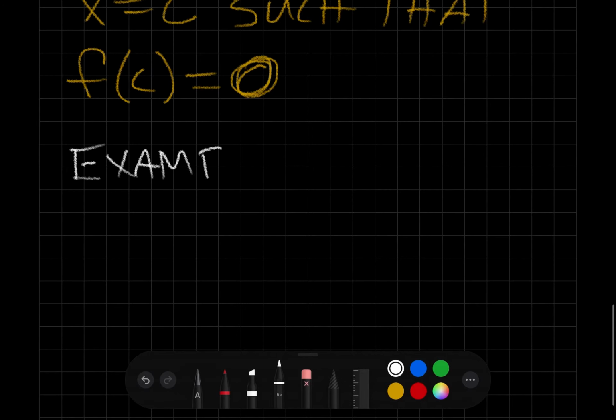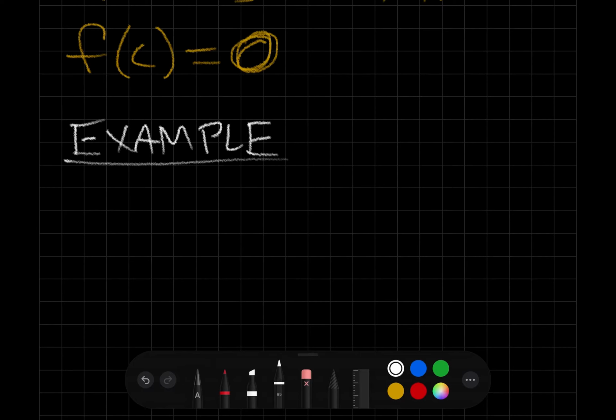Let's do an example using the intermediate value theorem. You use this often to show things, to prove to somebody.